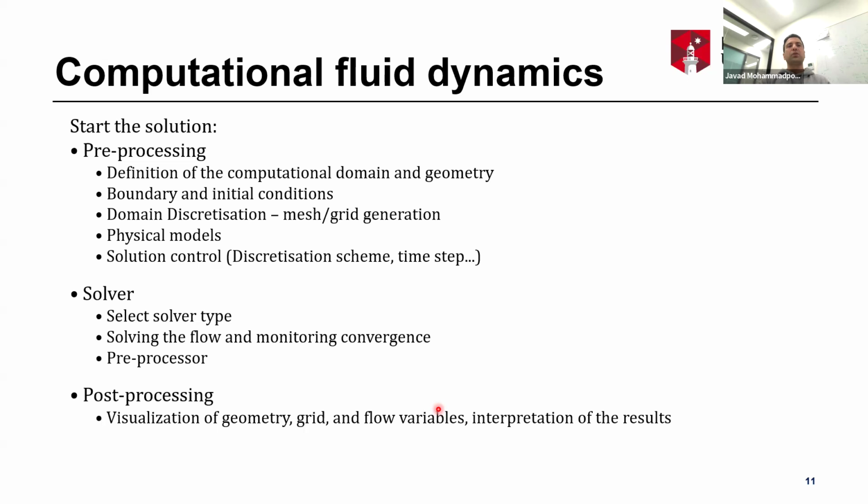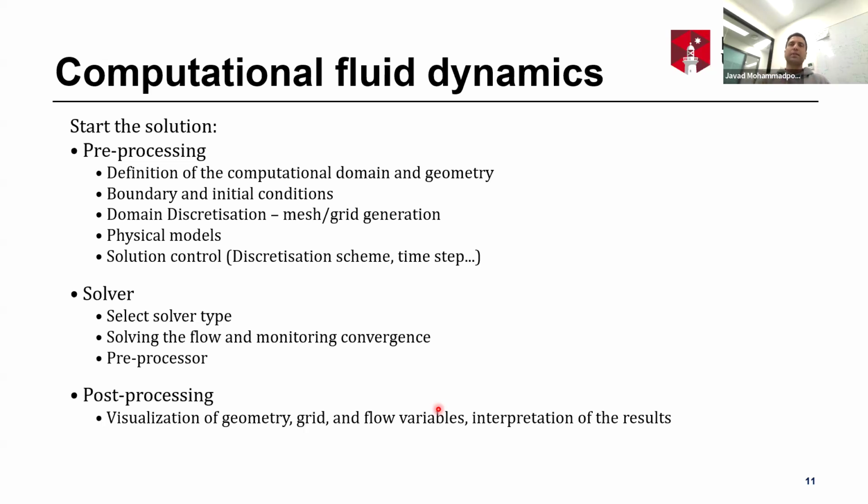After that, you need to select the physical models based on your physics, and set some solution controls based on your simplified equation. You can select which scheme is suitable for discretization, and what the best time step is for solving the problem. You can set the different criteria, and all these steps are categorized as pre-processing.